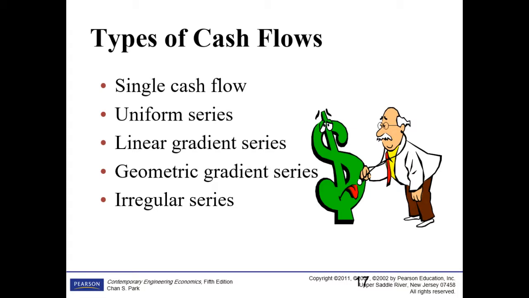How do we calculate? We have the formulas. Do you know the formula? Can someone tell me what formula I should use to solve this problem? I have already discussed it.